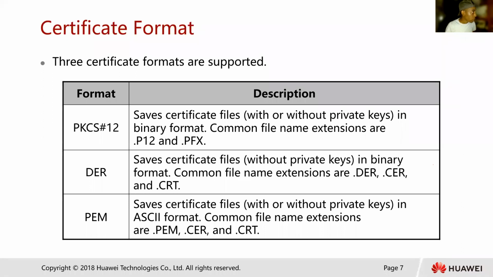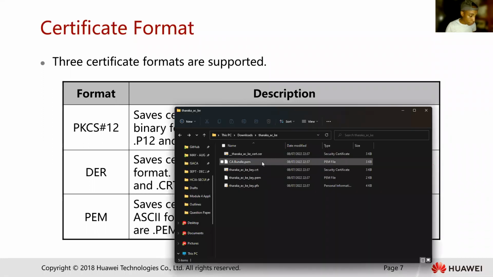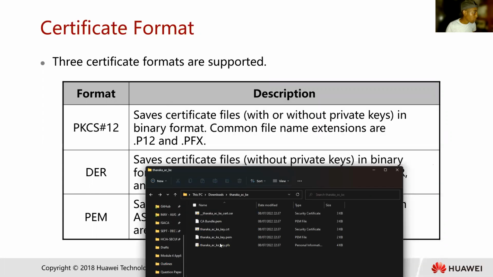So you can see, I don't know whether you can see something here. I have some certificates for our site that we usually use. For example, these are PEM, you can see a .crt. Which other file type are you seeing here?